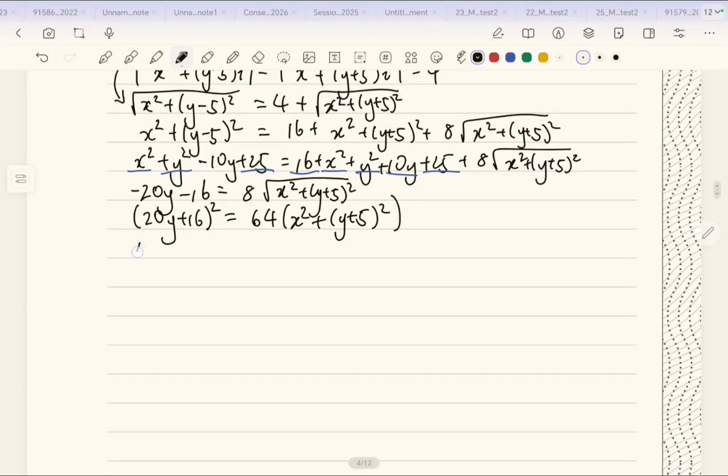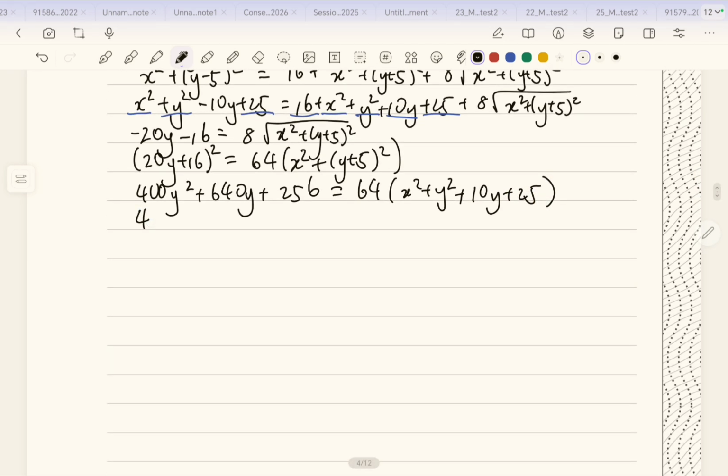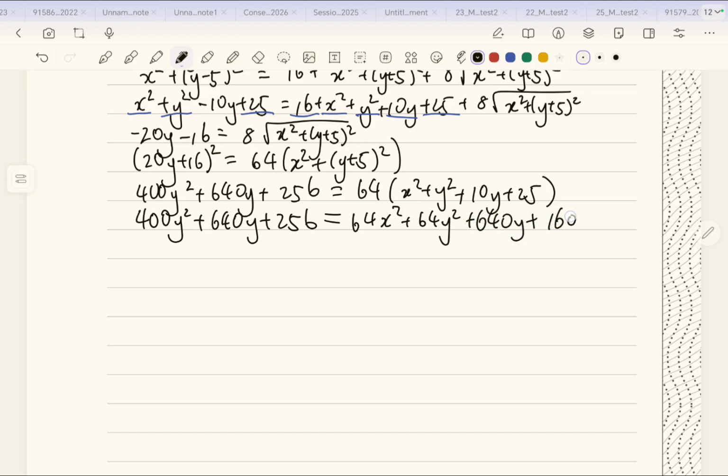And this will give us 400y squared plus 640y plus 256 equals 64 times (x squared plus y squared plus 10y plus 25), which gives us, let's multiply out the right hand side, which is just copying the left hand side, equals 64x squared plus 64y squared plus 640y plus 1600.